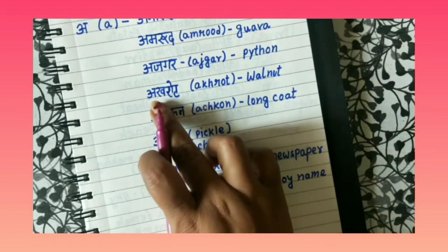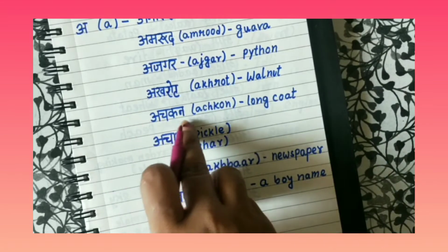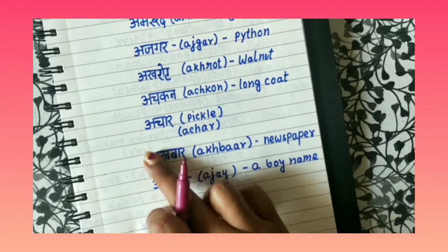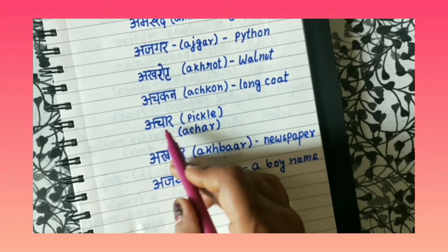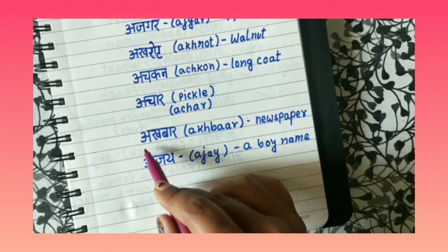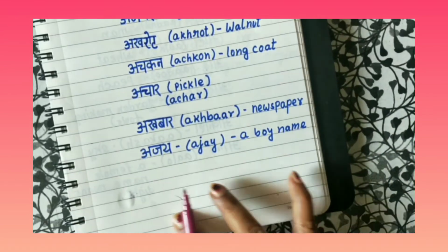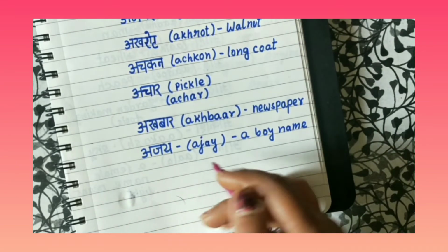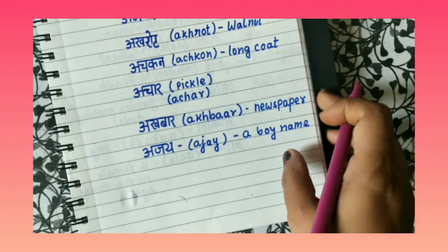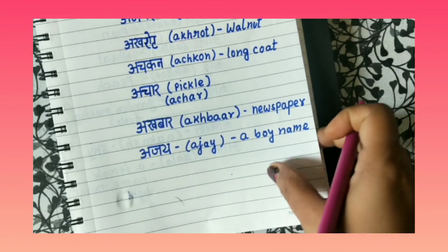A say akhrot, akhrot means walnut. A say achkan, achkan means long coat. A say achar, achar means pickle. A say, or a for, akhbar, akhbar means newspaper. A say Ajay, a boy's name. Another meaning of Ajay is someone you can't defeat.